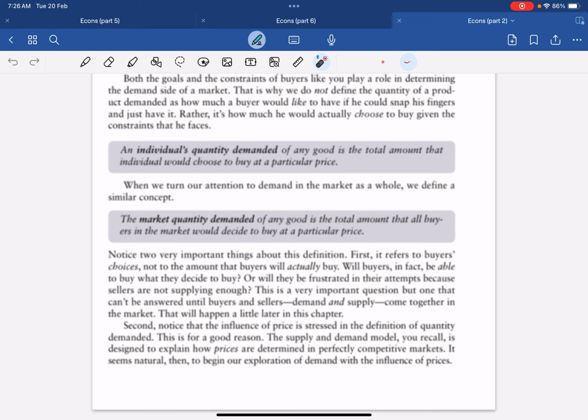So it's at this price point, what is the total amount you can choose to buy? Next thing is that the influence of price is stressed in the definition of the quantity demanded. So the quantity that you demand depends on the price.